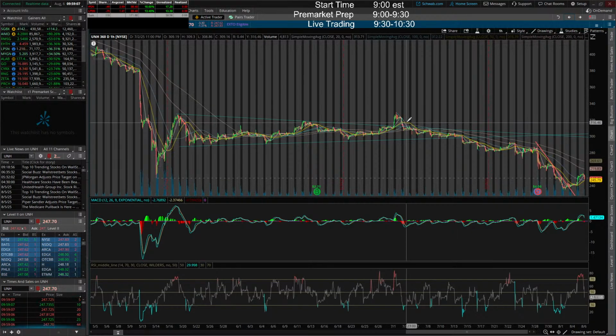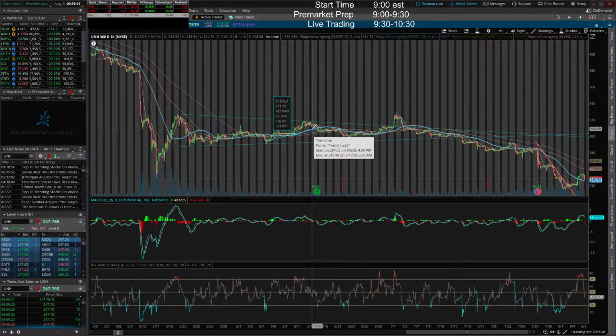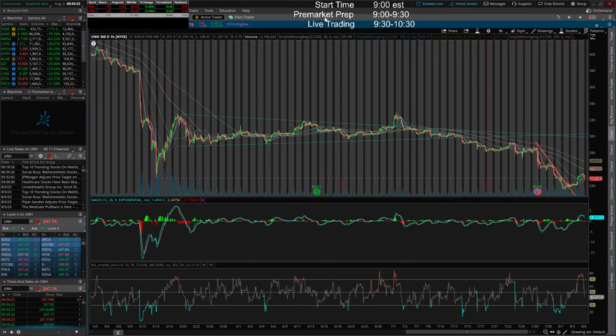So the question is, where's the bottom? And it just took out this low right here, which is super fascinating to me because usually when the lows get taken out, that's when the moves happen.